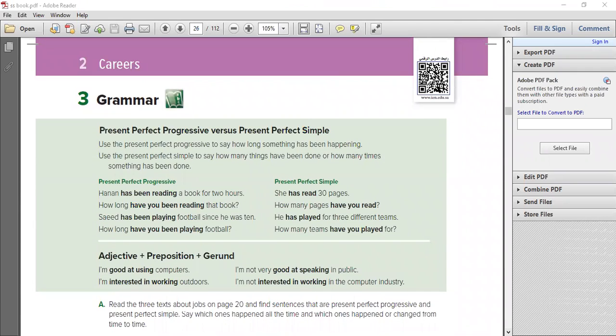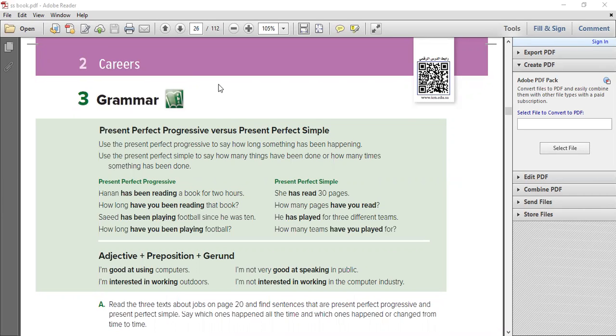Now we have the grammar of the present perfect progressive with the present perfect simple. We use the present perfect progressive to say how long something has been happening up to the present time, and the present perfect simple to say how many things have been done or how many times something has been done.